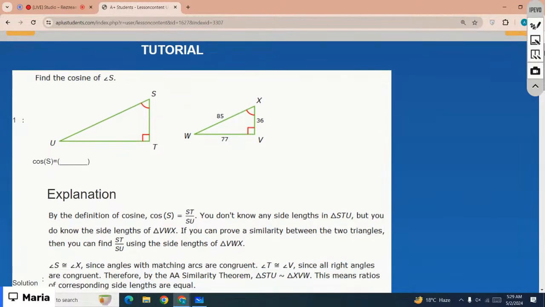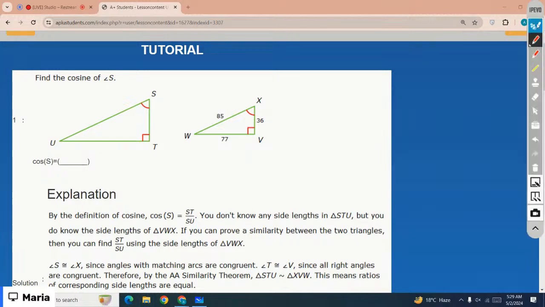Find the cos of angle S. So you are given two triangles, they are exactly similar. You have to find the cos of angle S, right? So according to angle S, the cos of angle S is adjacent over hypotenuse, right?